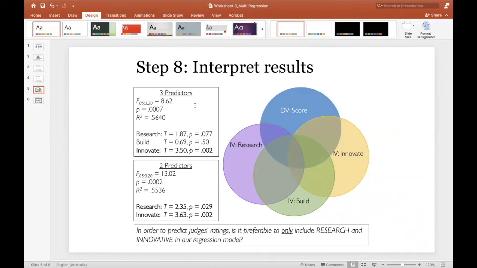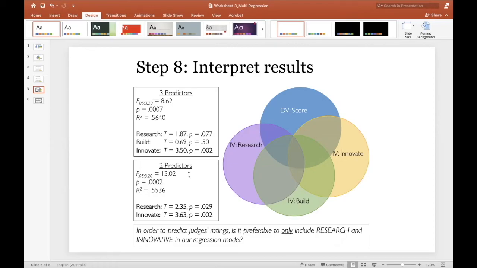So the model with 3 predictors was a significant model, and it accounted for 56.4% of the variability, but it only had one significant predictor. So 1 out of 3 of our predictors was significant. After model reduction, the model with 2 predictors was still significant with an F of 13.02, and we only lost about 1% of explained variability.